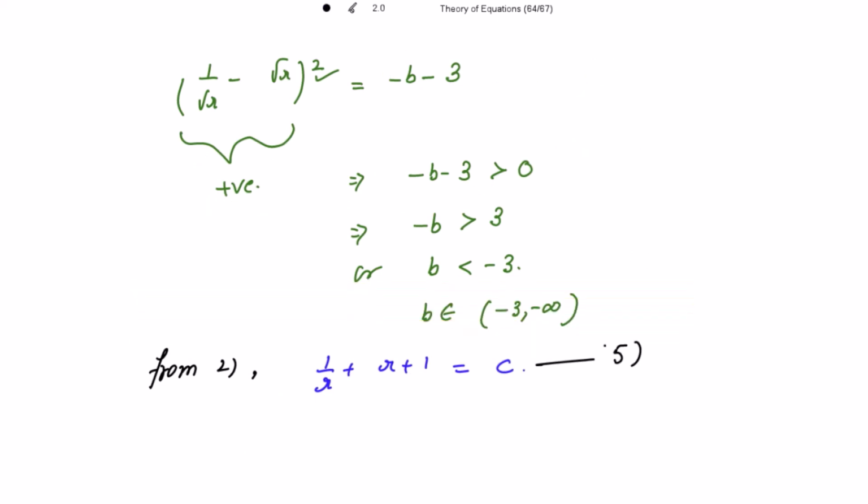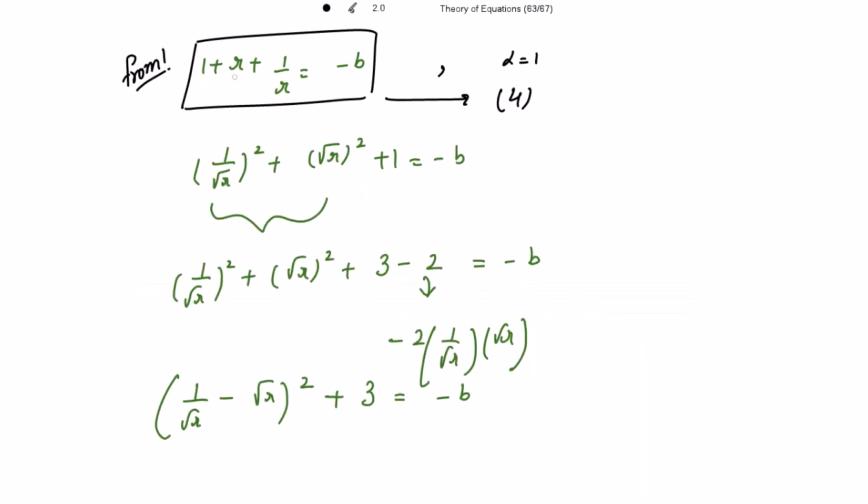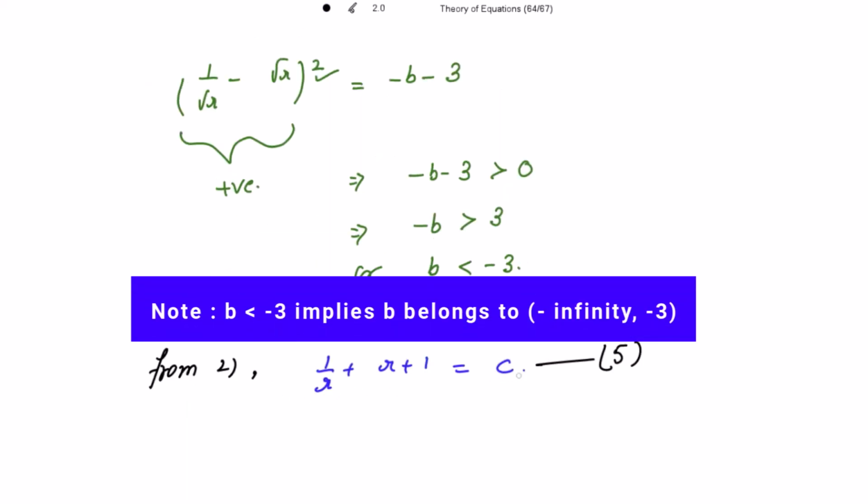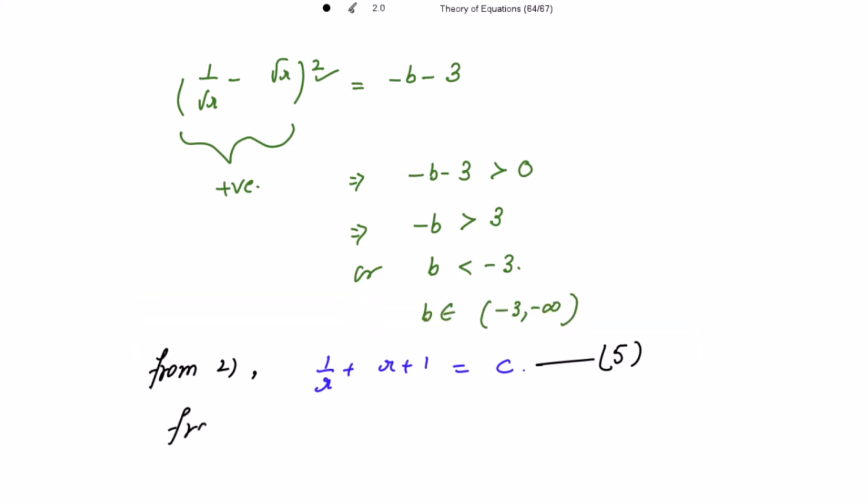Marking this as 5. What is 4? It is 1 plus 1 over r equal to negative b. And what is 5? The same left hand side is equal to c. So from 4 and 5, we get negative b is equal to c, or b plus c is equal to 0, right?